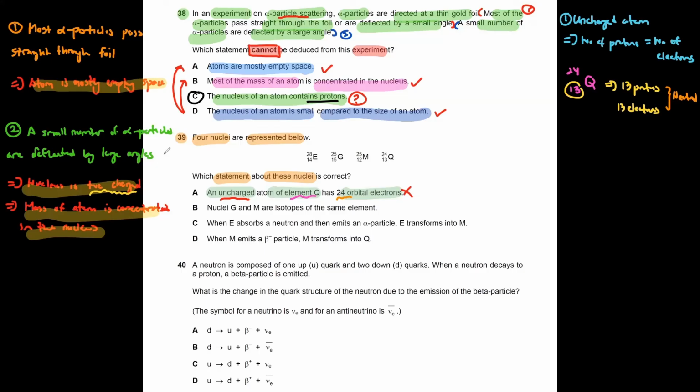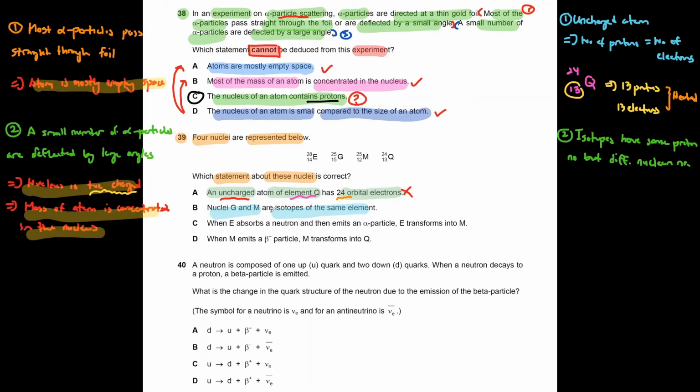Then if you look at B, B says that nuclei G and M are isotopes of the same element. So let's just review what is an isotope in the first place. If you recall what an isotope is, isotopes have same proton number but different nucleon number.